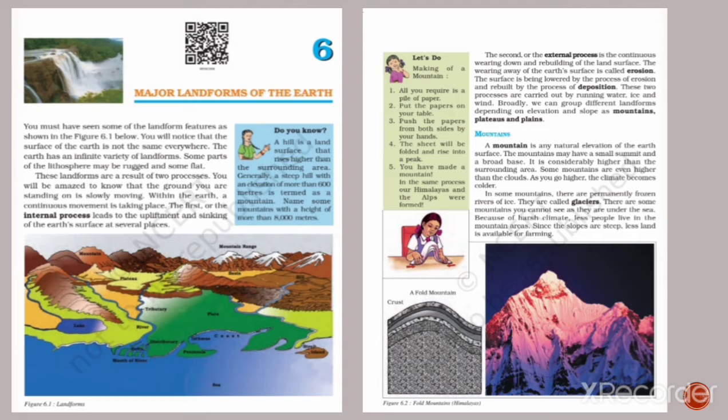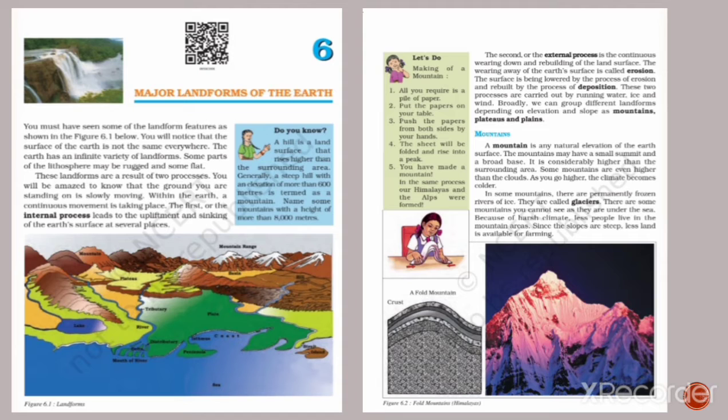We can group different landforms depending on elevation and slope as mountains, plateaus, and plains. Mountains. The mountains are the elevated part of the earth which has marked slopes and peaks.